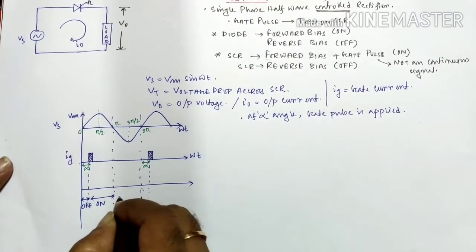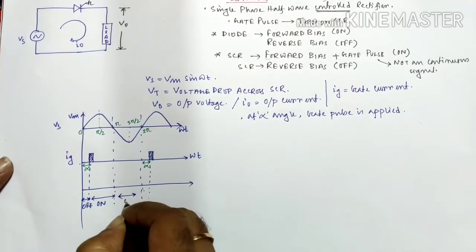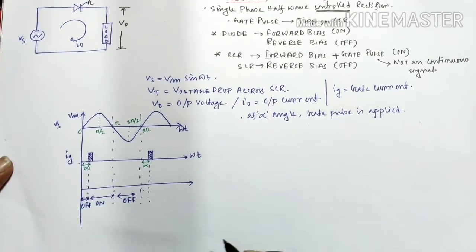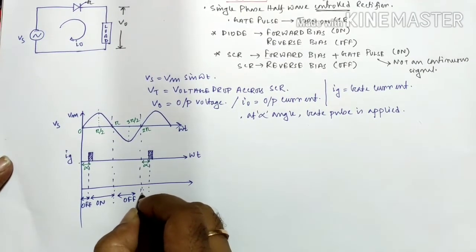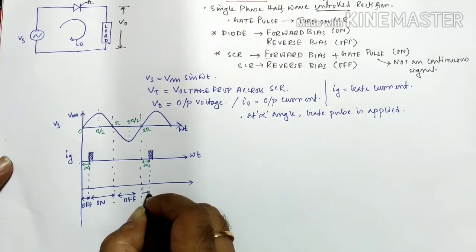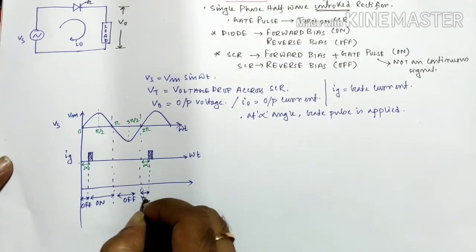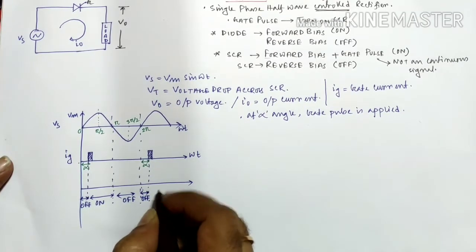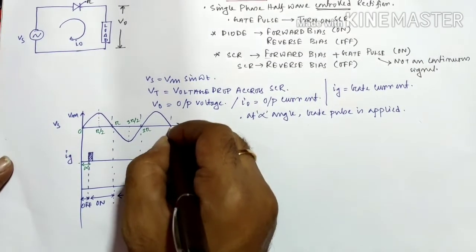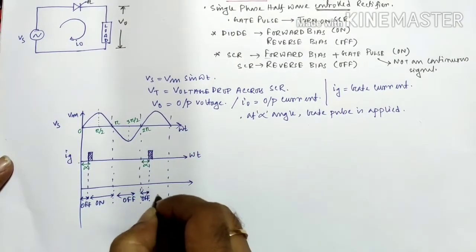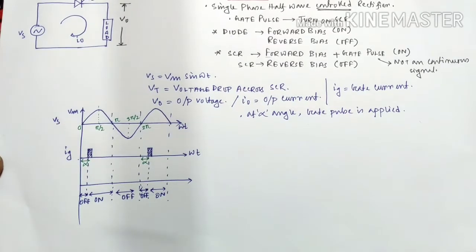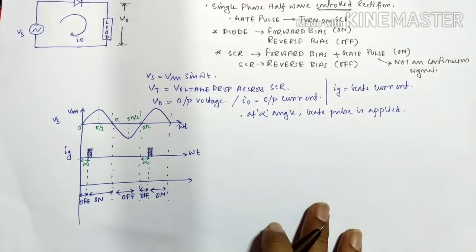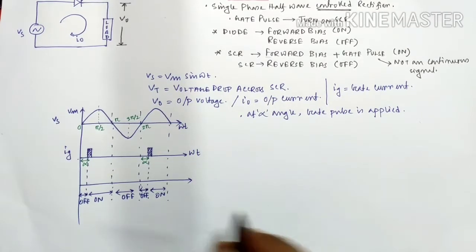Here it is reverse bias, so SCR will be once again off. After that, though it is a forward bias, the gate pulse is not applied, so once again it will be in the off state. And after that, here it will be in the on state. Hopefully whatever I have written is visible to everyone, so you can understand.